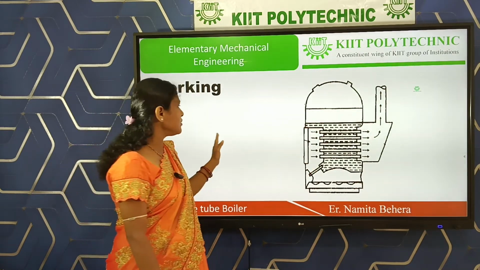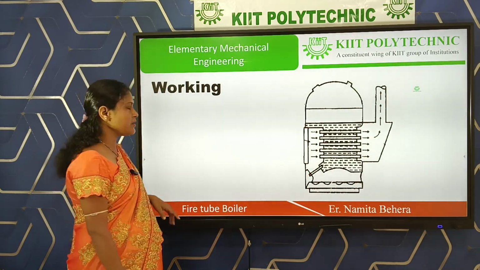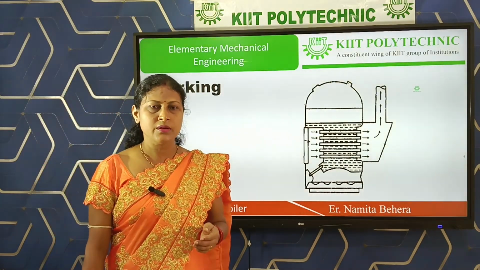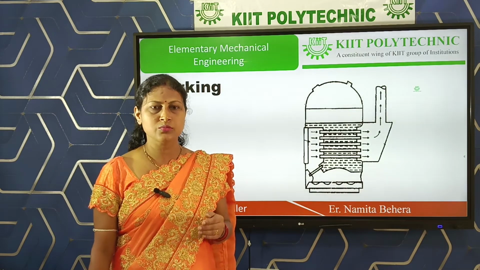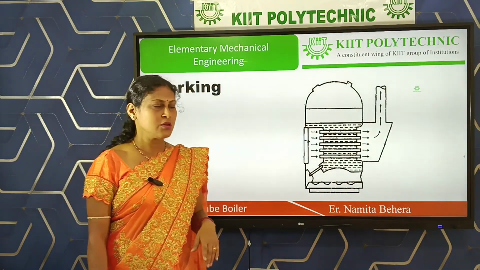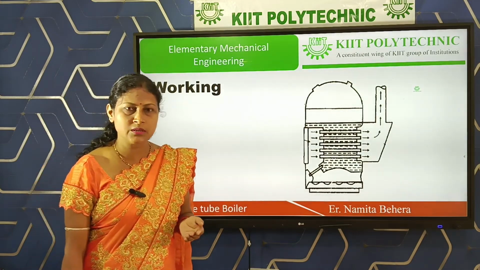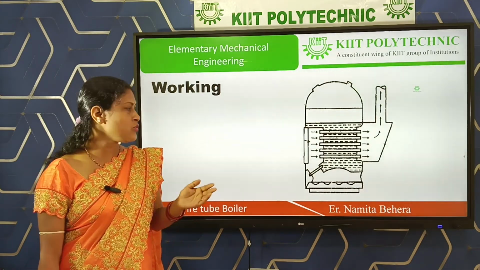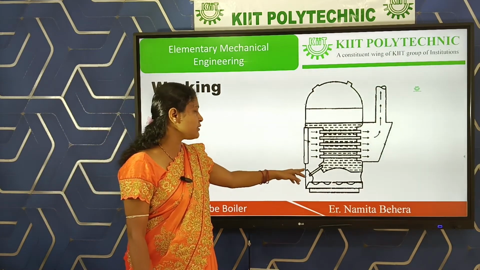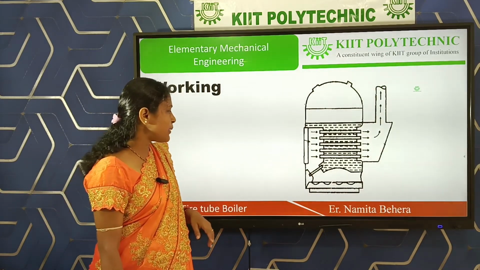So this is the working principle. First, water is supplied through the feed check valve. Then coal is entered to the grate, and combustion takes place inside the grate. Hot gases and flue gases produced inside the grate go to the combustion chamber through the flue pipes.